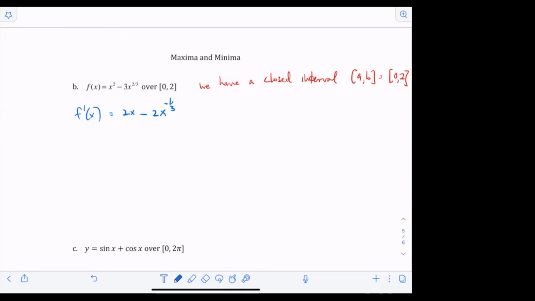Now that I look at this, I see that we have a problem. When I look at this, I can see that this is continuous. So this is differentiable except at x equal to 0.